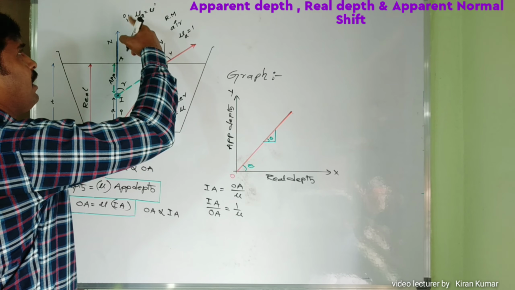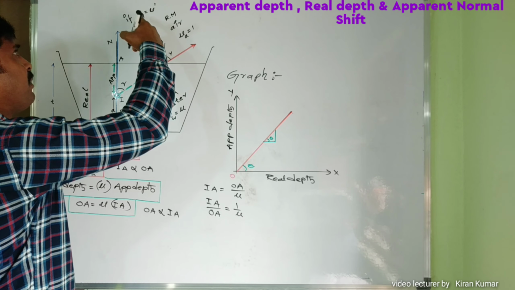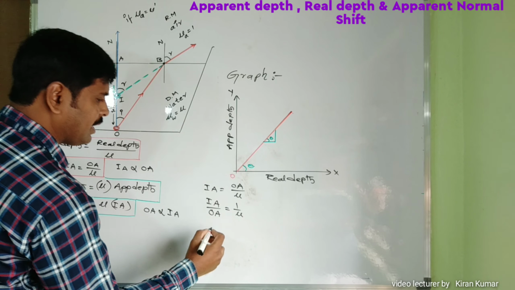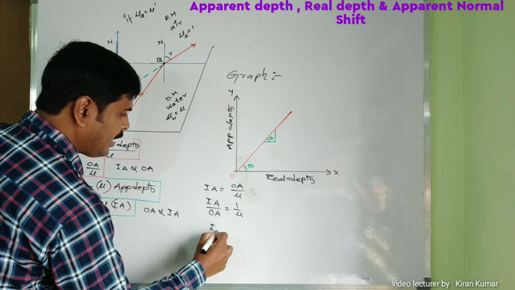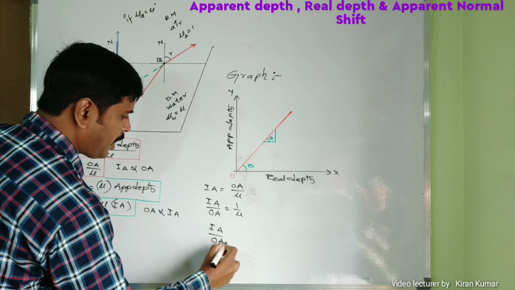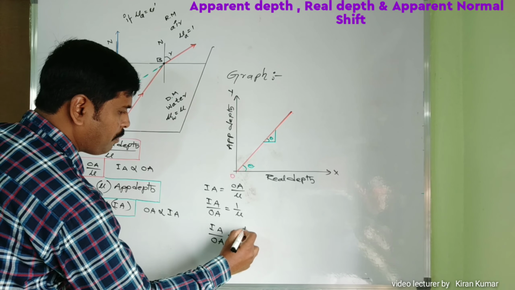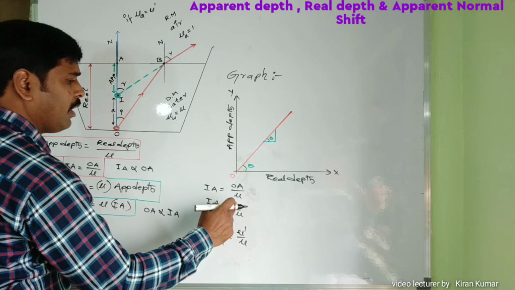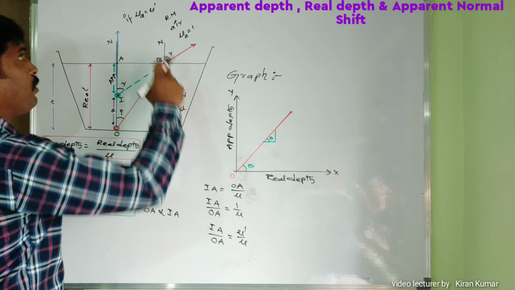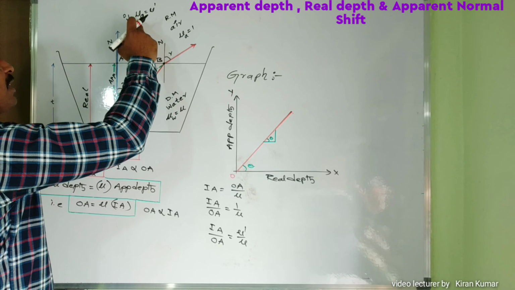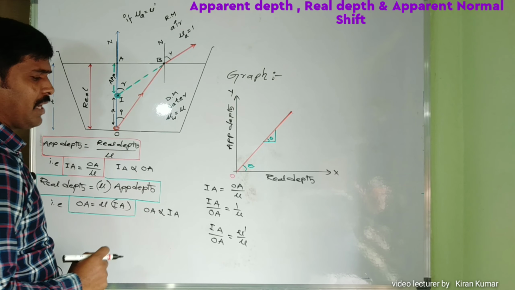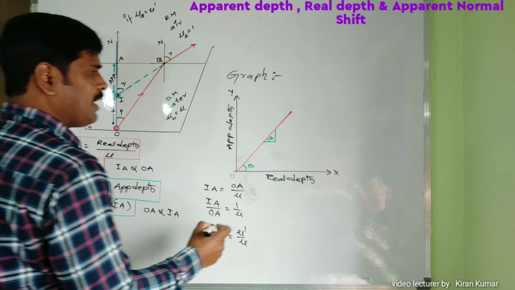But if the refractive index of air is taken as mu dash, then Ia divided by OA is equal to mu dash divided by mu. Here, instead of 1, I am writing mu dash because the refractive index of air is taken as mu dash. This value is replacing it here.